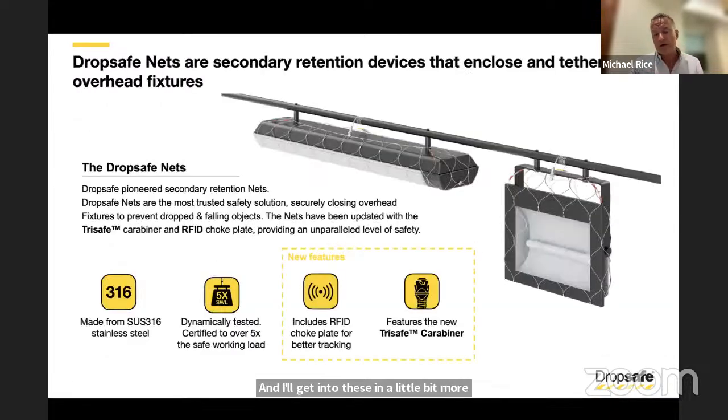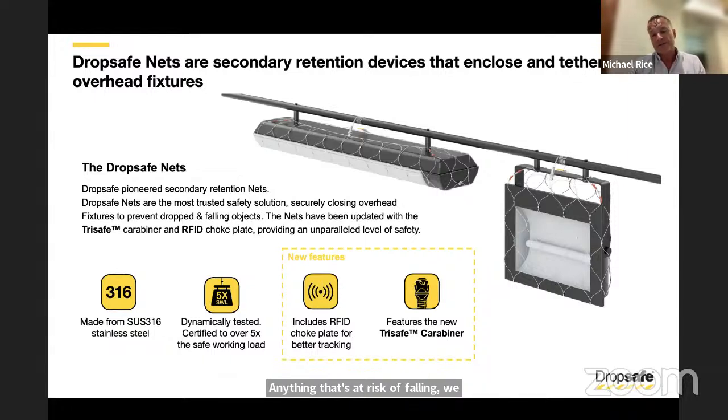So if people are aware of Dropsafe on the call, then you are probably likely to be aware of our Dropsafe nets. So these are secondary retention devices that are designed to enclose and tether overhead fixtures. They're basically stainless steel nets that are designed to encase a fixture at height, for example, a light or a beacon or a CCTV camera, anything that's at risk of falling.